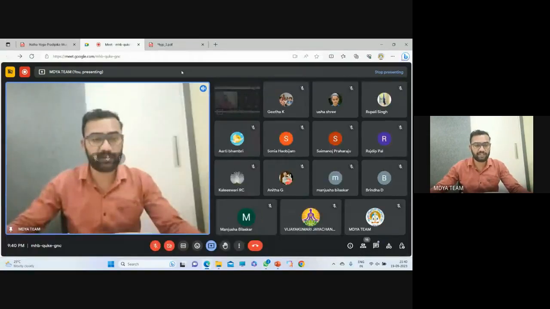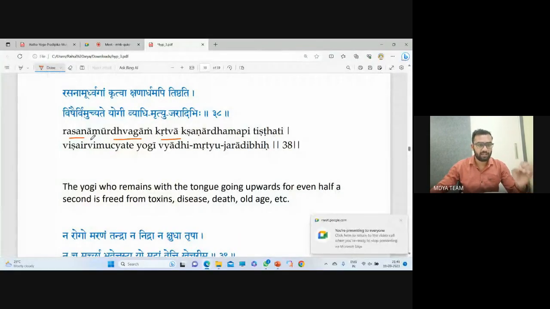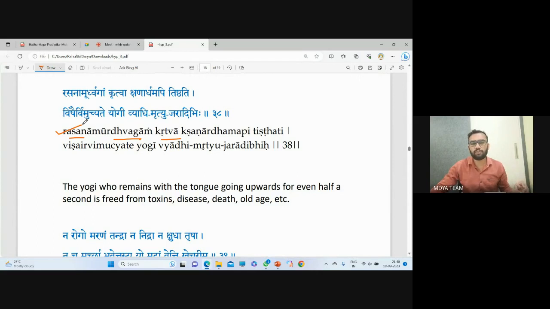So the first benefit is Rasnam Urdhanga Kritva. He will feel the taste. The tongue will be able to feel the taste when it enters the cranium foramen.